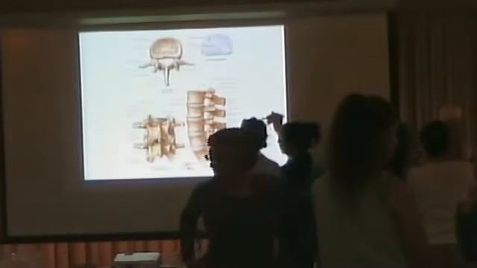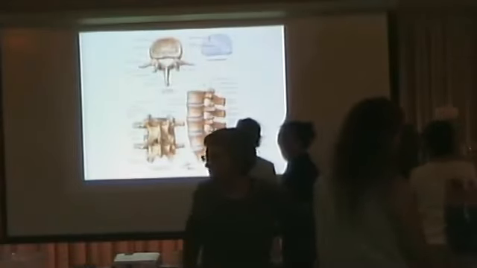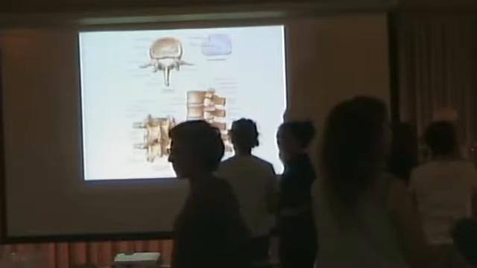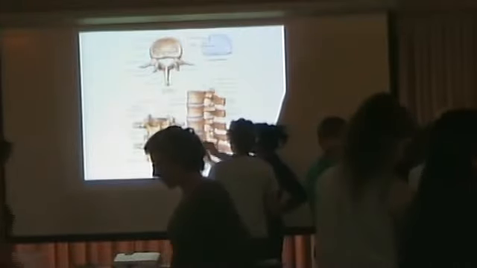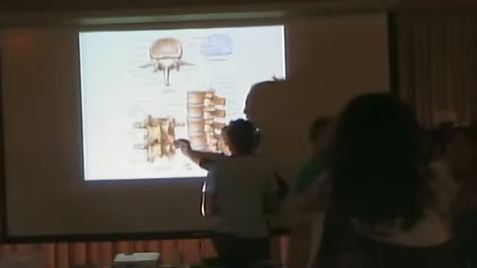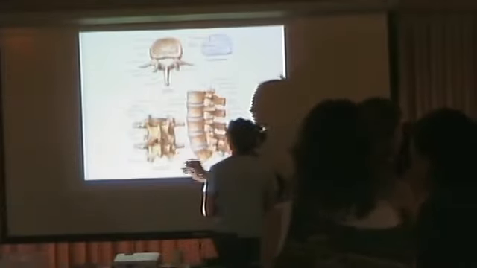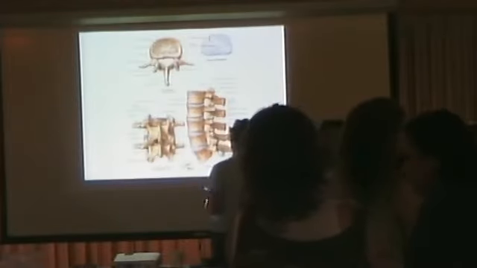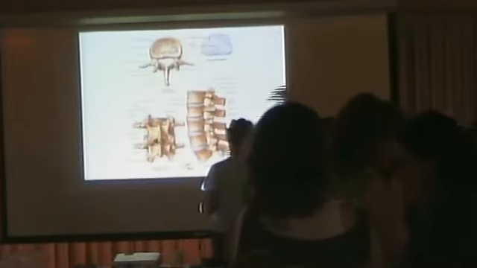Cervical, 7 are typical, except the first one, the atlas, and the connection between the first and second. All vertebrae between C2 and L5, or basically the S1 segment, have intervertebral discs in between.